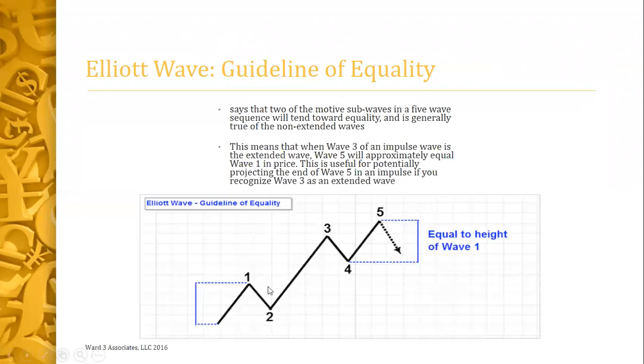So what that means is if you took a trend line tool and went from high to low or low to high, copied and pasted, let's say you saw this completing on this retracement, and then this retracement was about to complete, right? Copy and paste that same trend line. This low goes to this low, and then the top of this is going to be your projection for your take profit. And that's the guideline of equality, basically.